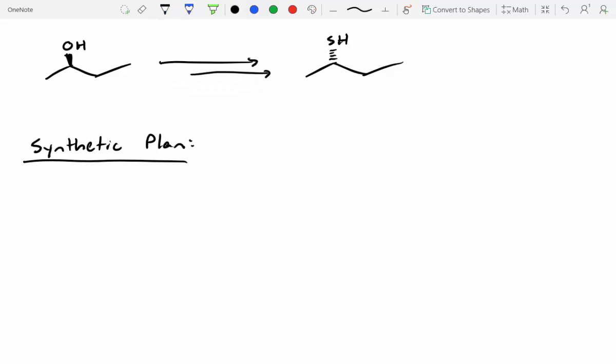Does it have to be multiple steps? I'm giving you a strong hint that it will be multiple steps.